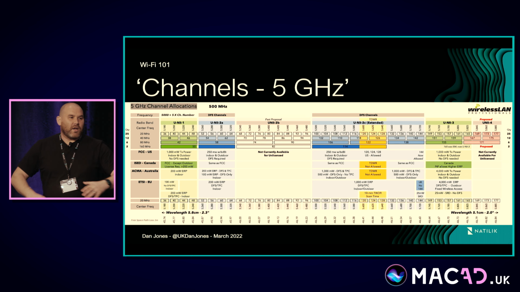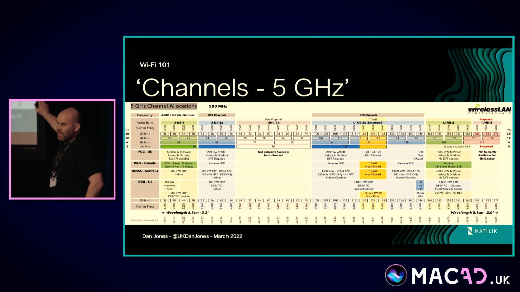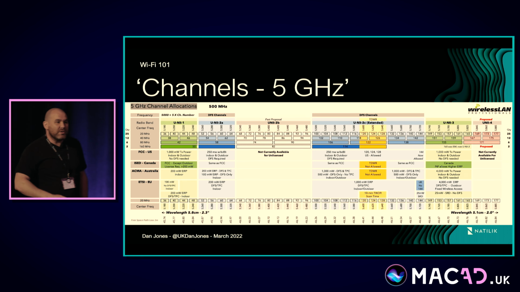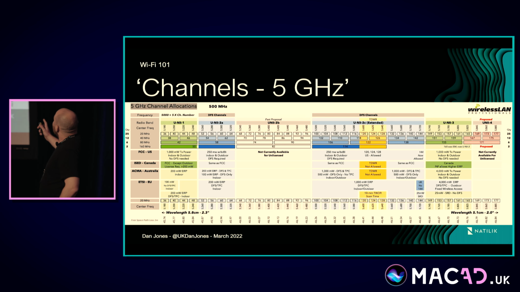5 gigahertz, this is where most Wi-Fi lives nowadays. So you can see here, we've got all these different things. Uni 4 is proposed, it isn't here yet. Uni 3, we can use in the UK. Some vendors like to think that we can't. Not mentioning any. If you want to know, come and talk to me.